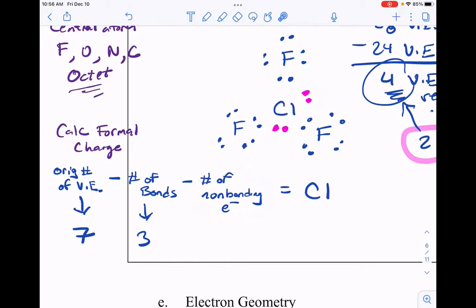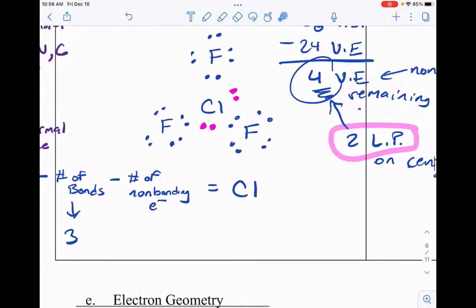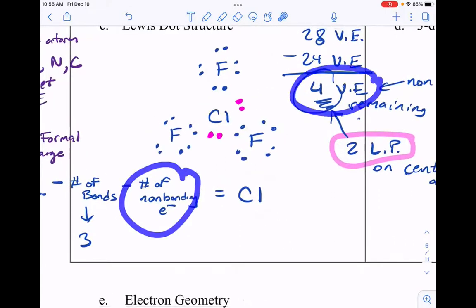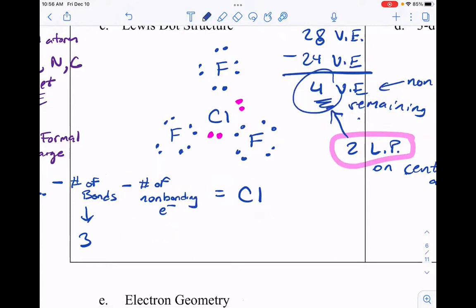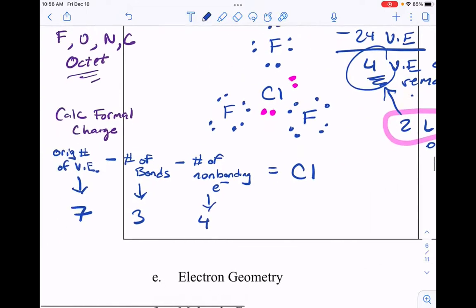It's asking how many electrons are not bonding. So 4, exactly. The non-bonding electrons is 4, not 2.